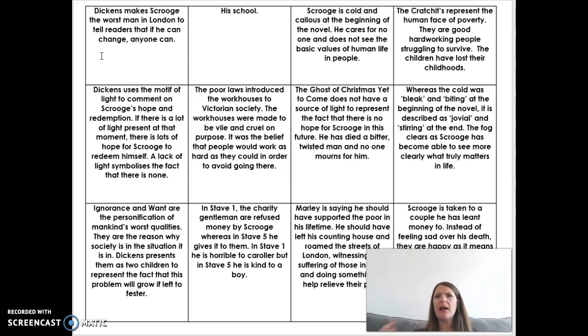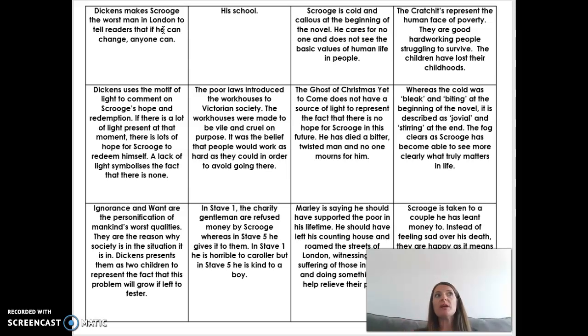He is greedy and cruel and unable, or unwilling, to see other people suffering. But by the end of the novel, he finds his compassion. He realises that greed is actually hugely destructive, and he changes for the better. So I would say Dickens's message there is, if even he can change, anyone can.